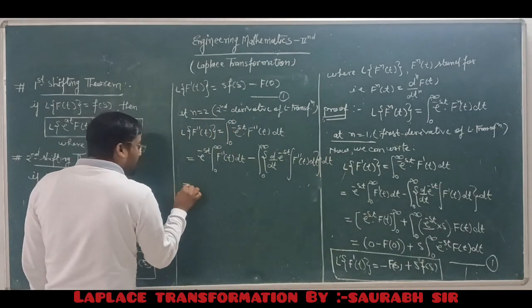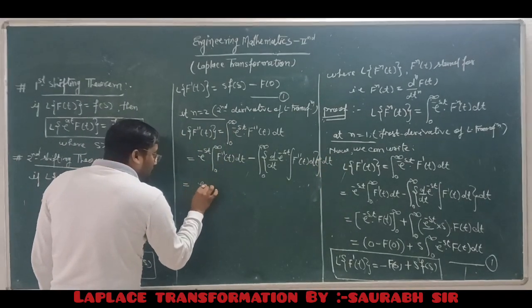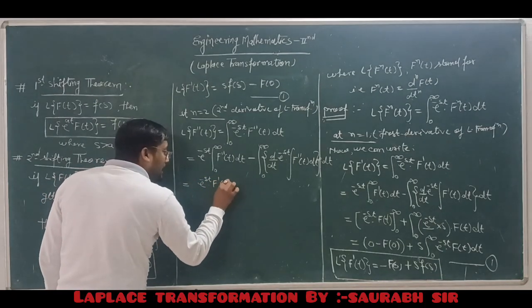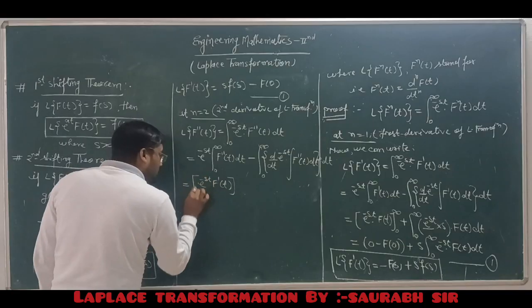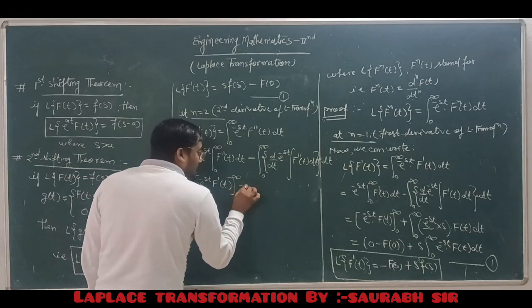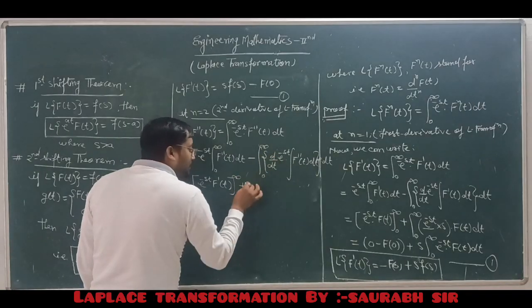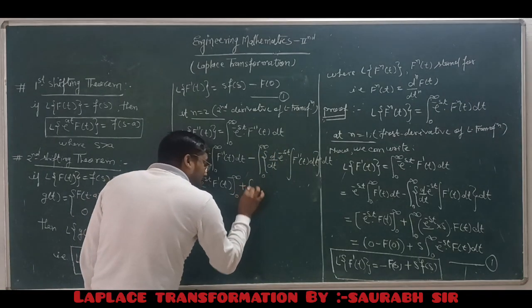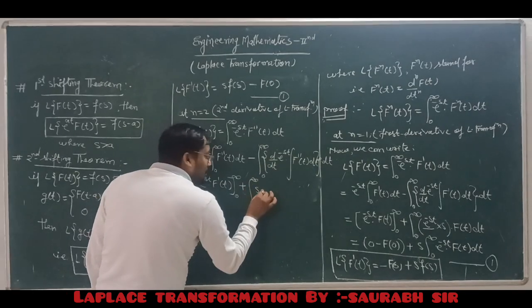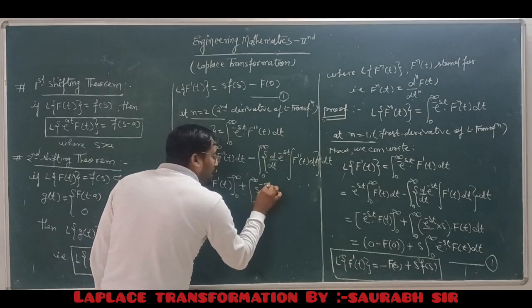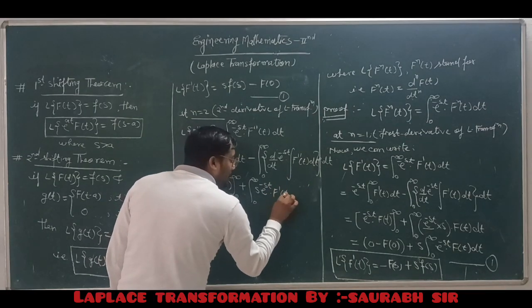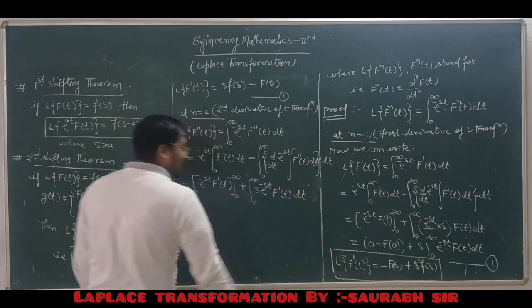Now solve this: e to the power minus st into f'(t), with limits 0 to infinity, and solve this integration. Minus minus is plus, integral 0 to infinity s e to the power minus st into f'(t) dt.